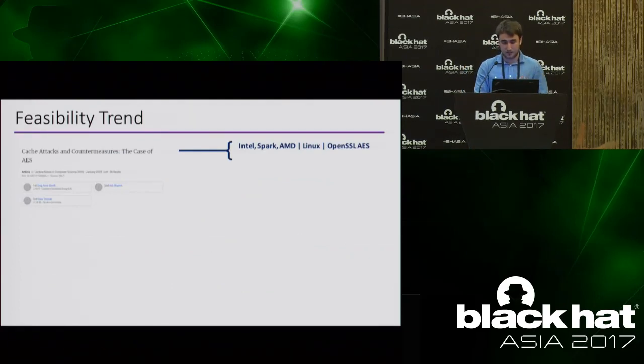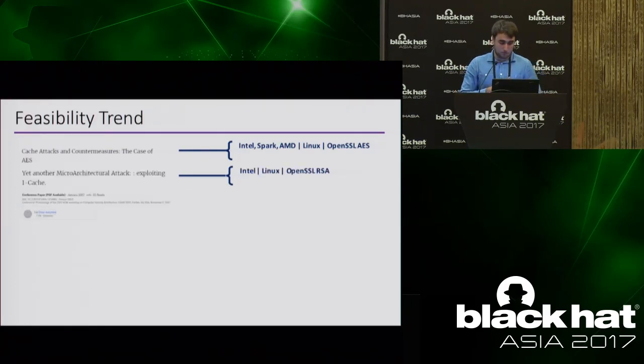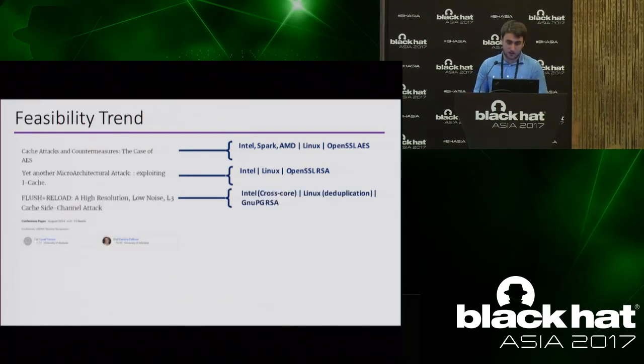In fact, cache attacks have existed since 2005, where these two beautiful attacks were implemented, recovering AES and RSA keys. But the issue is that they were attacking core private resources, and further they lacked a scenario in which they could be applied practically. But luckily in 2013 we started seeing attacks that were applicable across cores, right?